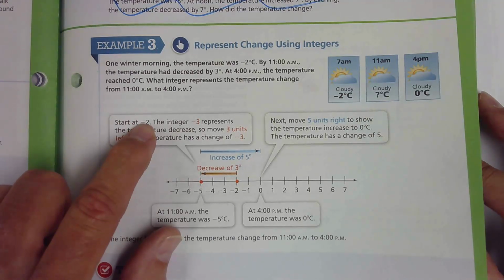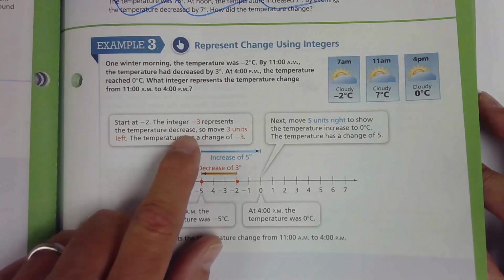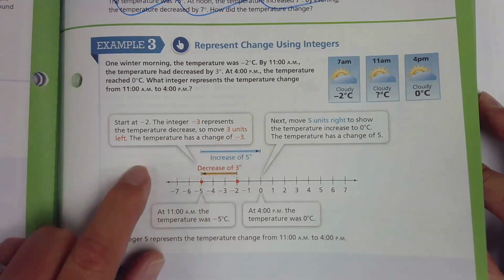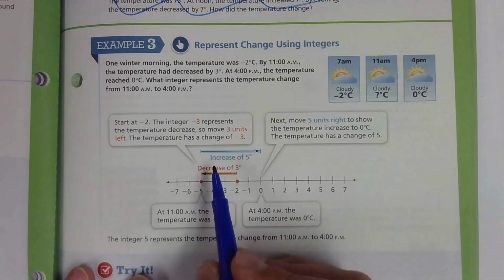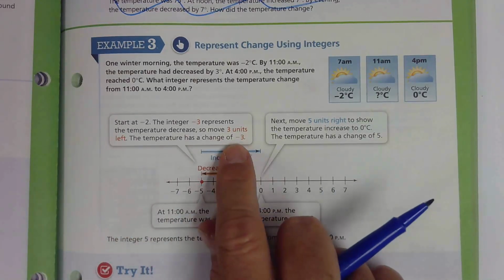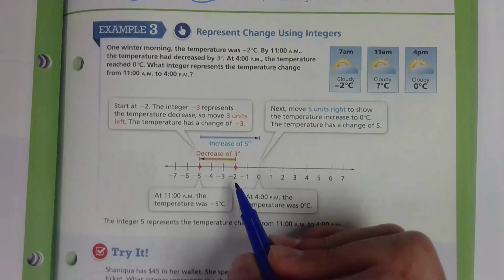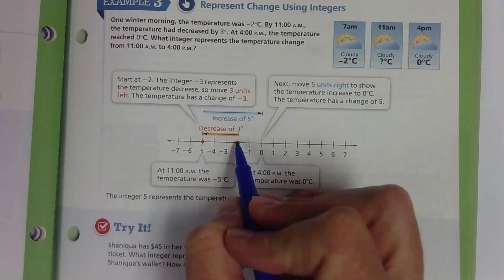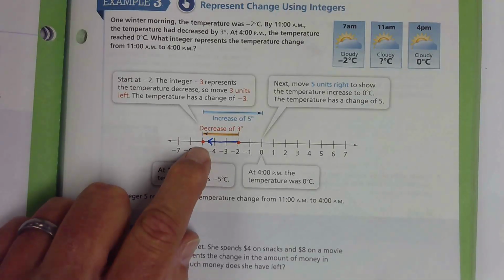So you start at -2, and then a -3 represents the temperature decrease, so you move it 3 more units to the left because it's decreasing. Okay? The temperature has a change of -3. So it was at -2, you can see it right here, and then it decreased even more. So it's going to be at -5.